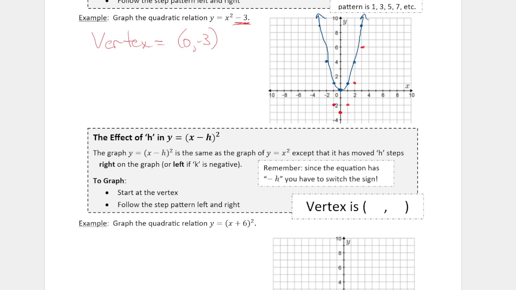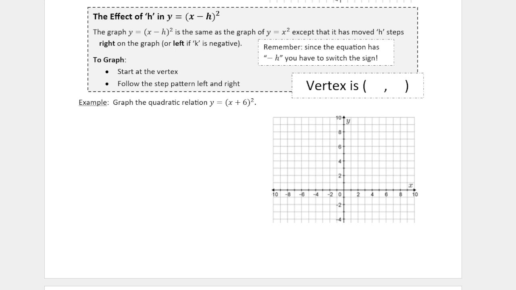And it's still symmetrical, so we still get the exact same on both sides. And we can draw our parabola, and it's the exact same shape as the other one. It's just starting out either higher or lower than the base graph. And that's it. All there is to it.